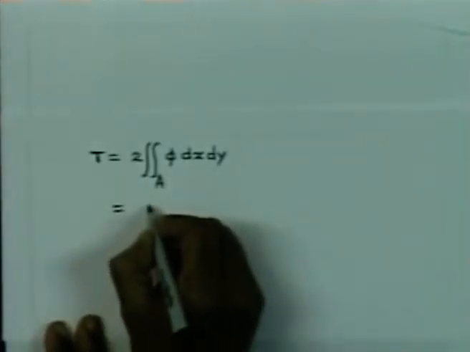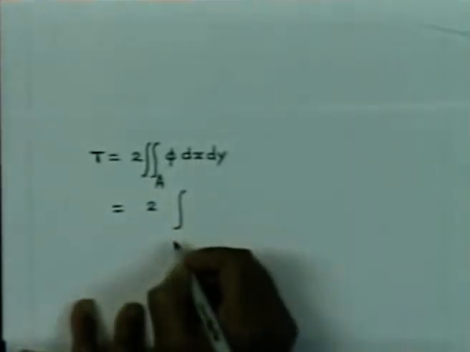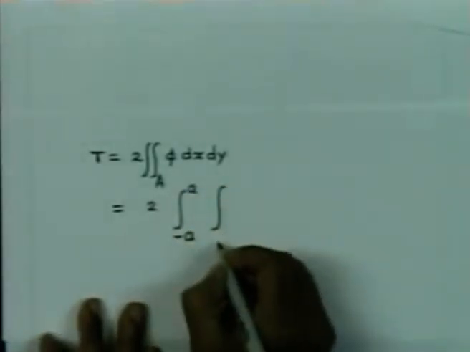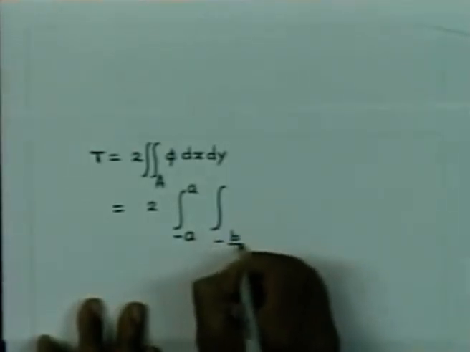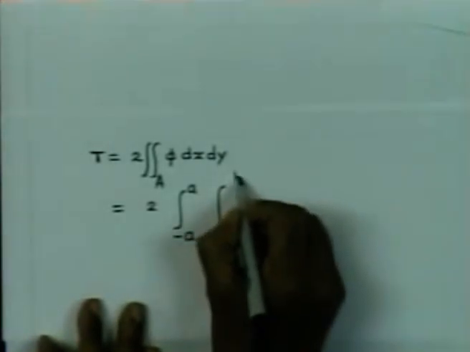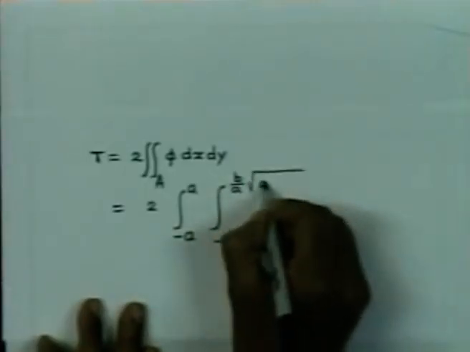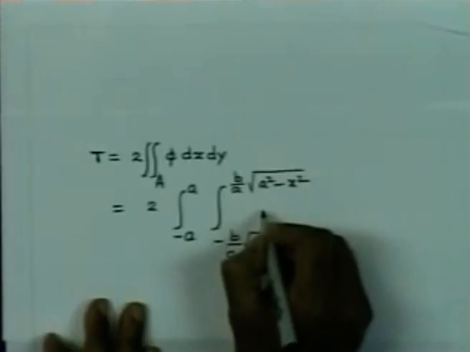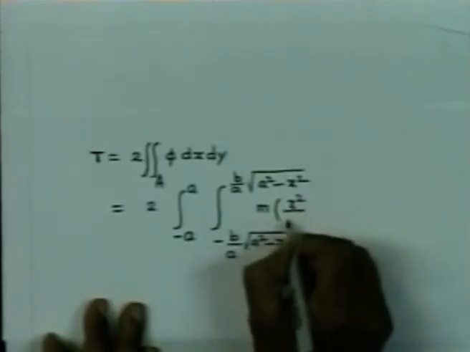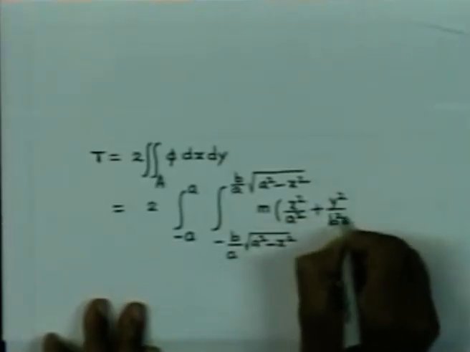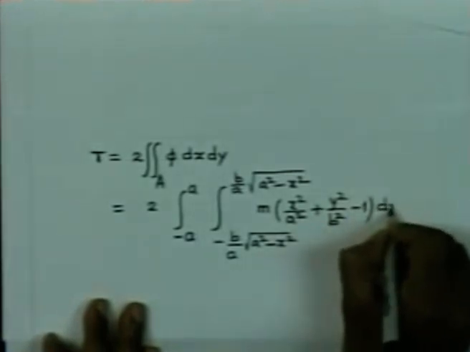We can consider that x is varying from minus a to a and y is varying from minus b by a root over a square minus x square to b by a root over a square minus x square, and we can write the value of phi in terms of m, into x square by a square plus y square by b square minus 1, dx dy.